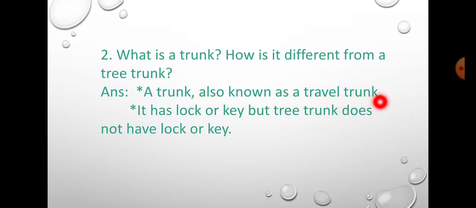Long years ago, for traveling, people used to take this trunk only. It has a lock and key, but a tree trunk does not. The tree trunk is the thick stem of the tree.